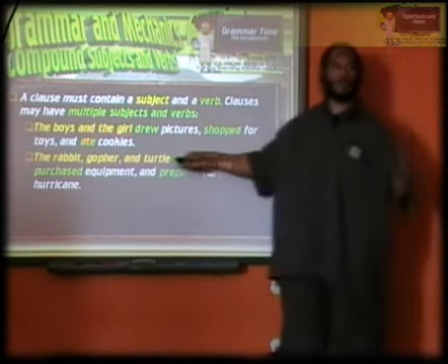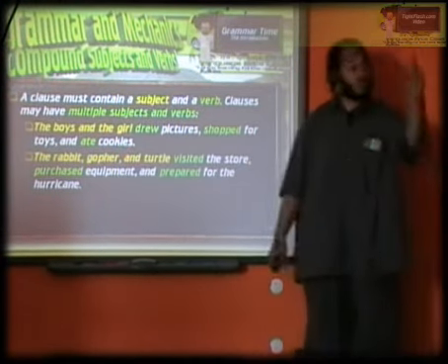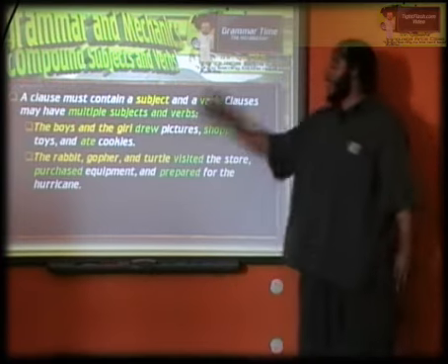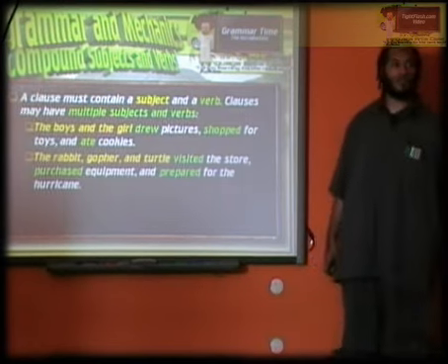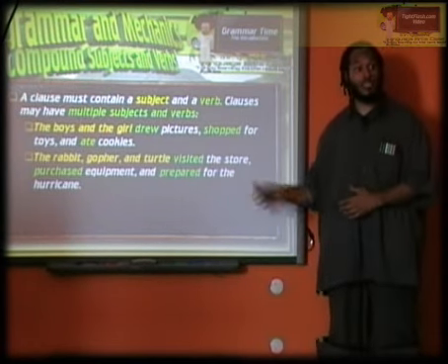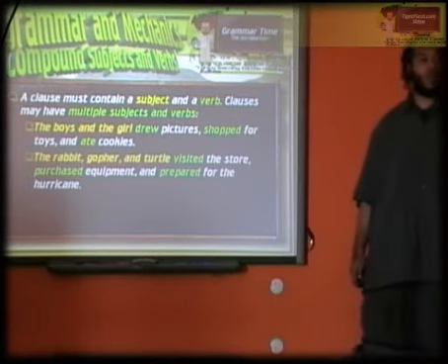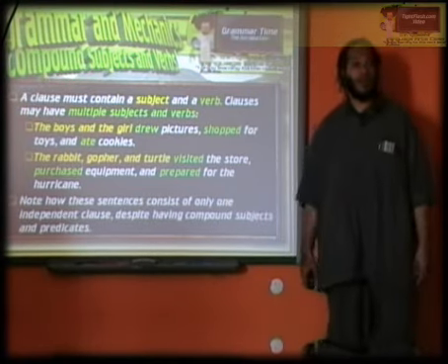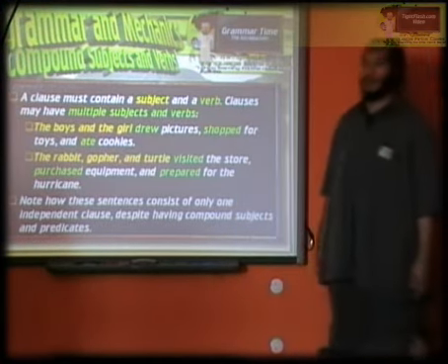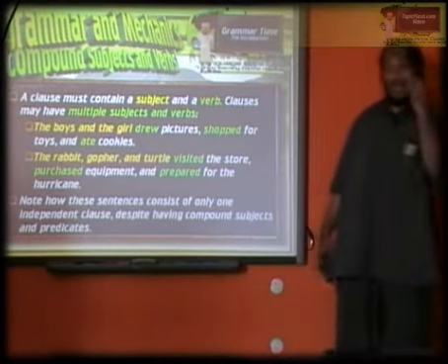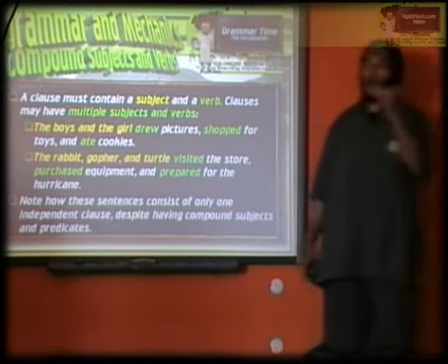It is made up of 3 nouns. Rabbit, gopher, turtle. So that's just one subject. Then we have a compound predicate. It is made up of 3 verbs, because that one subject is doing all of those things. So we really only have 1 clause.